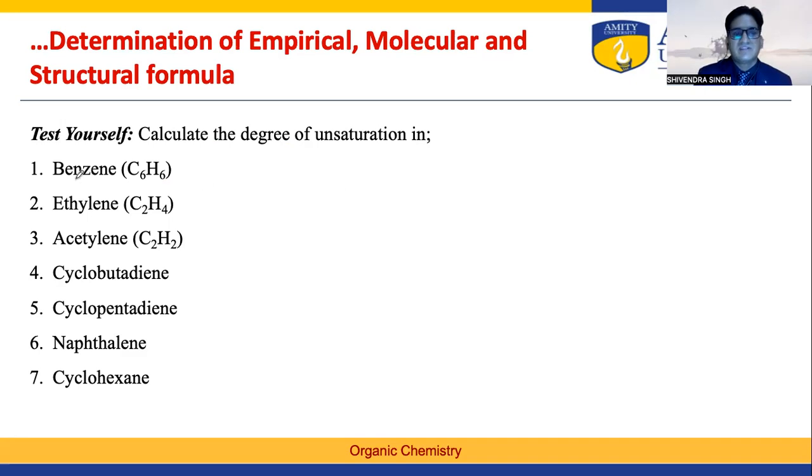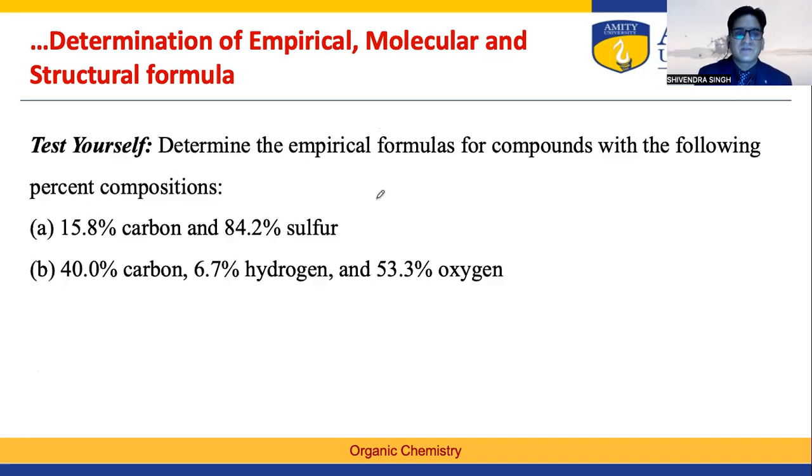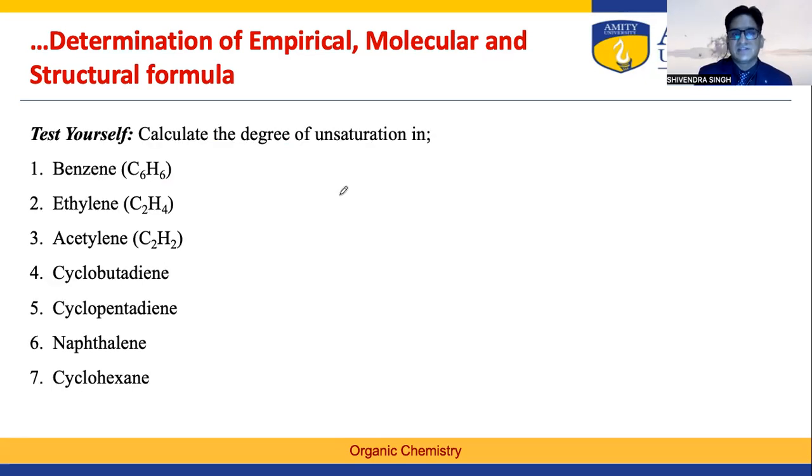So let's apply this concept and find out the degree of unsaturation in molecules. If we have benzene as an example, we know this is the structure formula of benzene. For benzene, dB is equal to C plus 1 minus H by 2. The total number of carbon is 6, so it will be 6 plus 1 minus the total number of hydrogen, which is 6, halogen 0, nitrogen 0, 6 by 2.